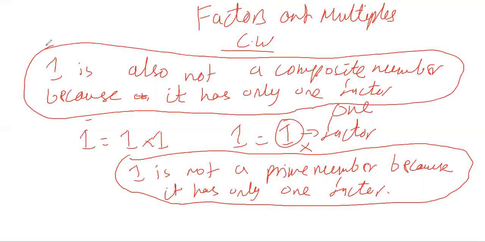So one is not a prime number nor is it a composite number because it has only one factor.